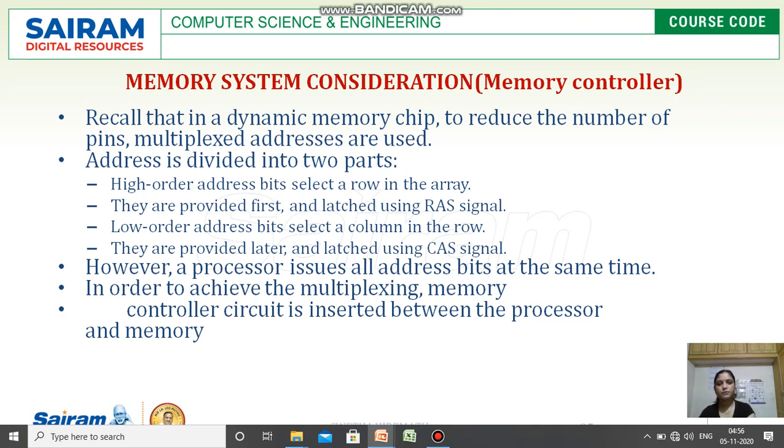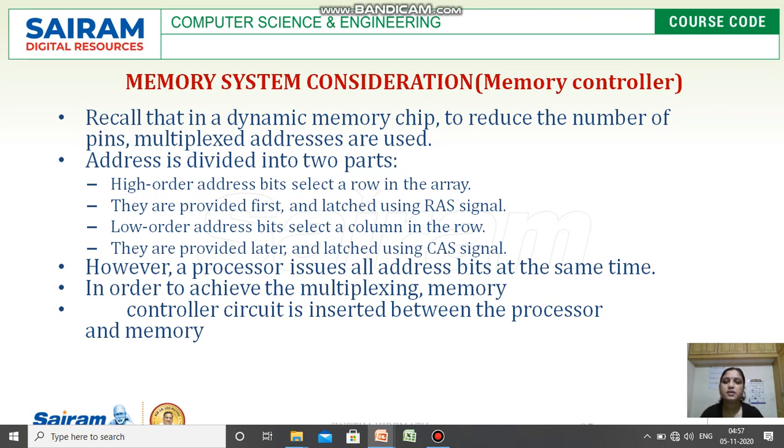As of now, we are aware of random access memories. These random access memories are of two types, dynamic and static. Where are we going to use dynamic memory, and where are we going to use static memory? The memory arrangement consists of the main memory, cache memory, and other registers.